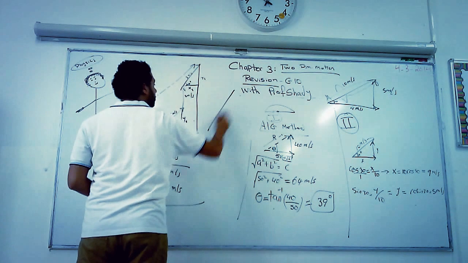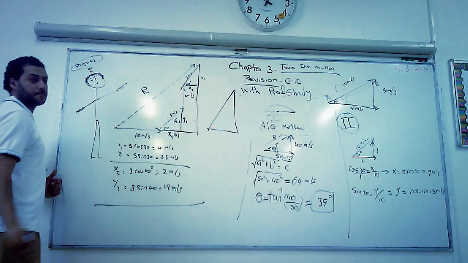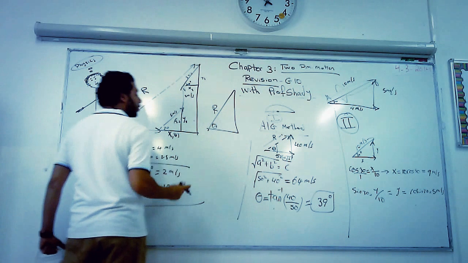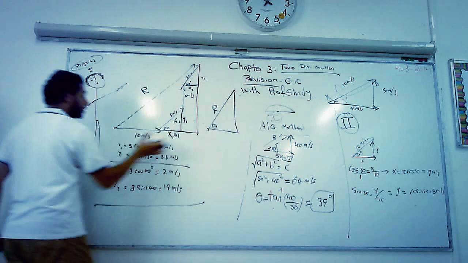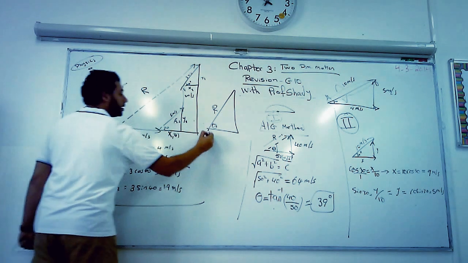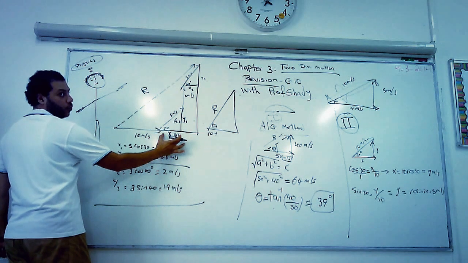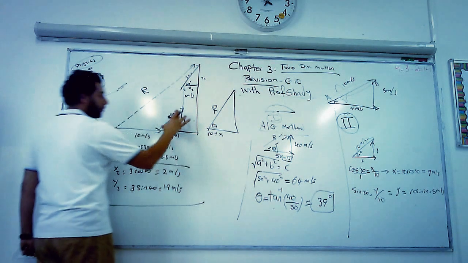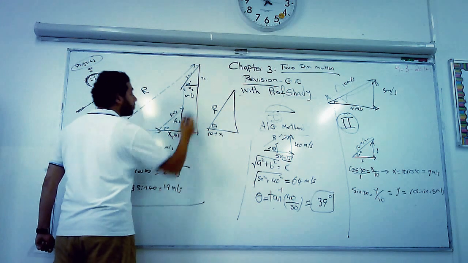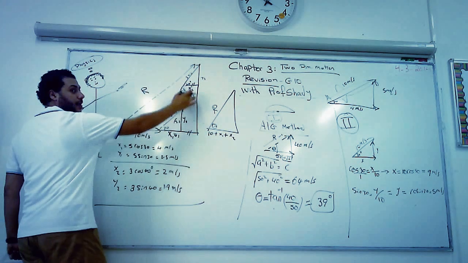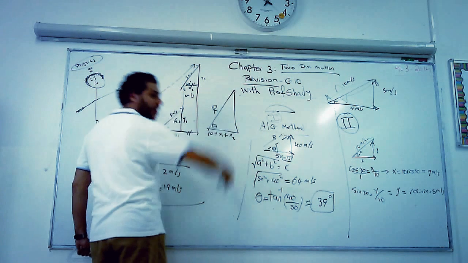This adjacent is my result, and I need the direction. This big adjacent is made of 10 plus x1 that you got from the first one, and this part, x2. It is parallel, right?